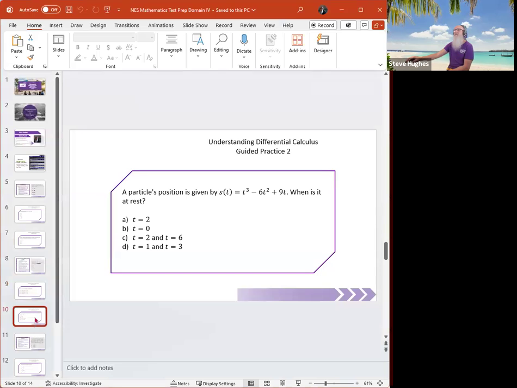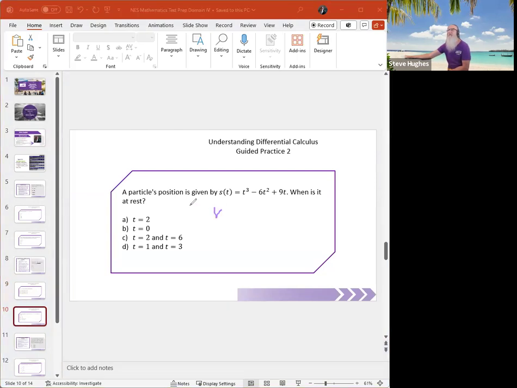All right, next question. A particle's position is given by S of t equals t cubed minus 6t squared plus 9t. When is it at rest? Everybody, when is it at rest? What does that even mean? First of all, this gives us a position function, S of t.